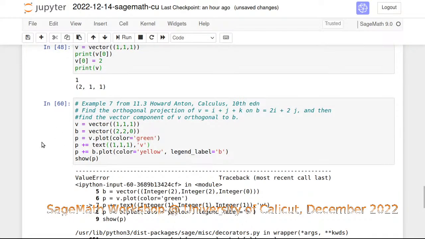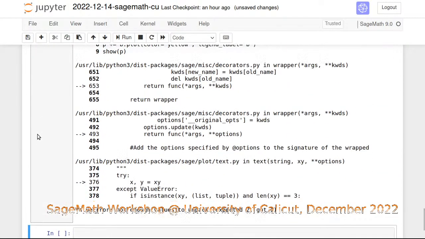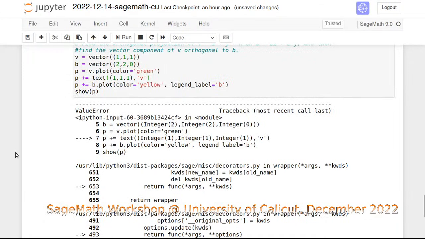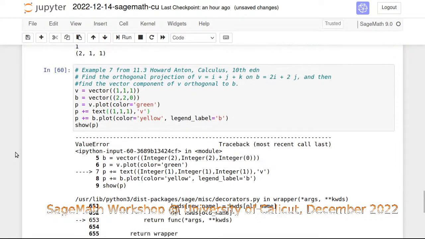At least that is working. Where is that error coming from? P plus is equal to text. So why is that still giving an error? Let me just see once again. Okay, otherwise, that's not actually the correct thing to happen.